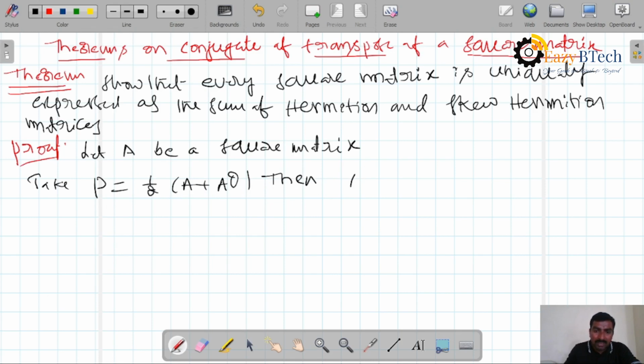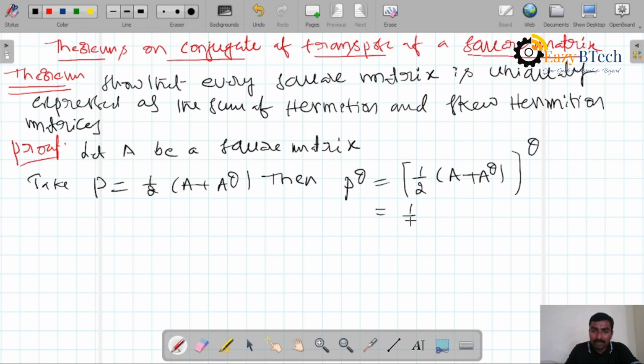Then we have to calculate P power theta. P power theta means 1 by 2 into A plus A power theta whole power theta. Here I applied theta on both sides, LHS and RHS.